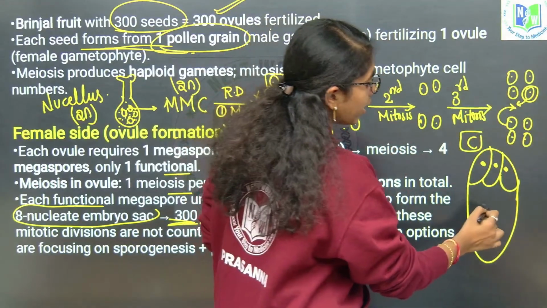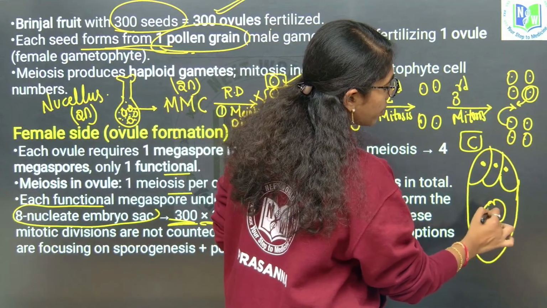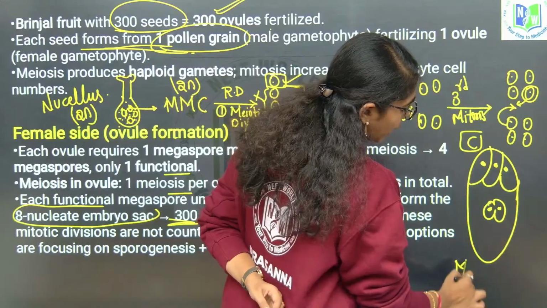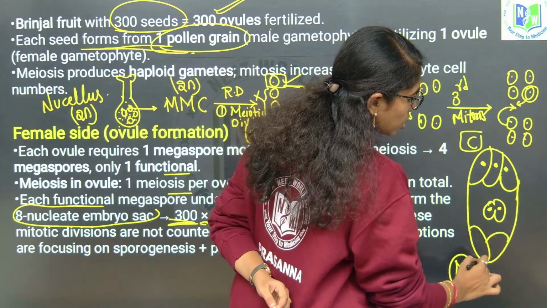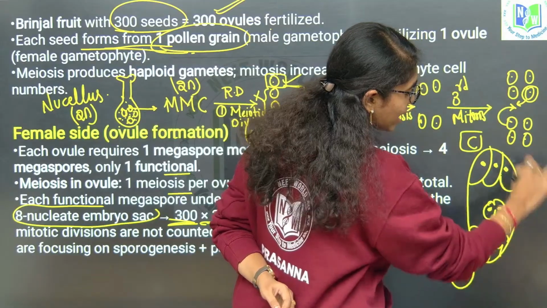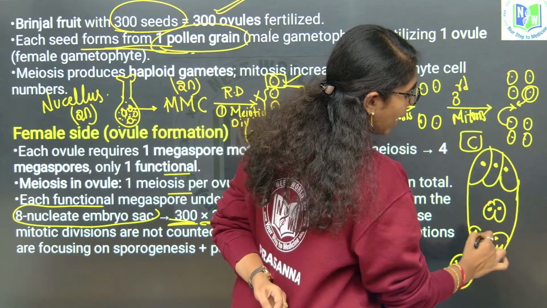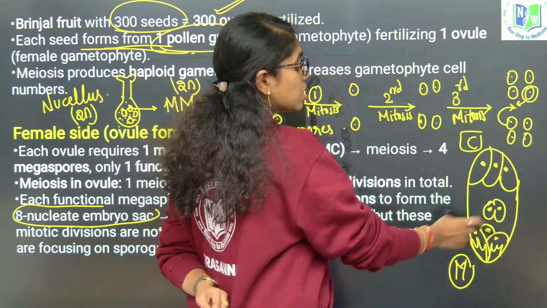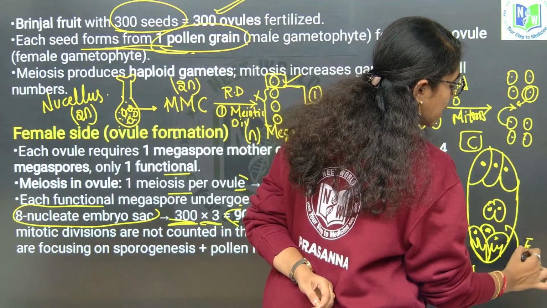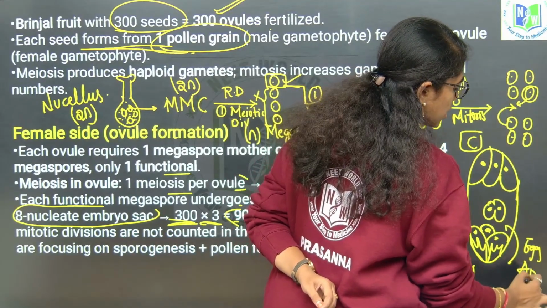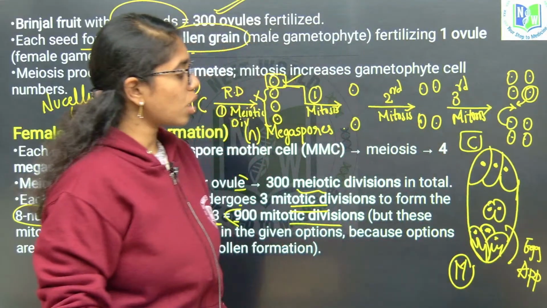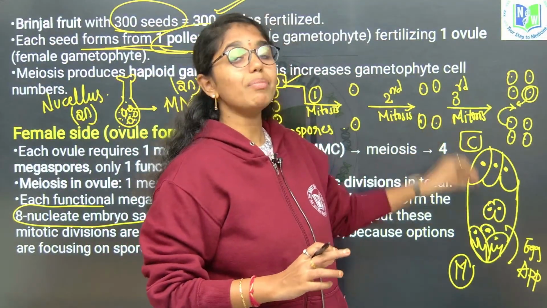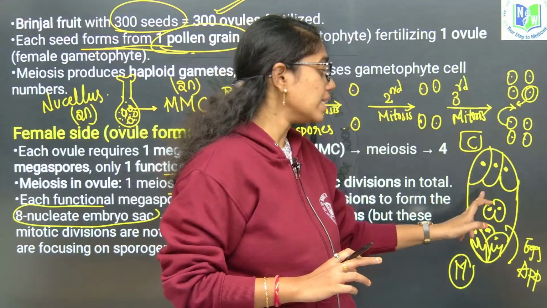At the center the polar nuclei are formed, and down at the micropylar end you can see 2 synergids with filiform apparatus, which guides the entry of the pollen tube, and the egg cell close to the synergids. Synergids along with the egg cell are called the egg apparatus. This is the complete formation of the female gametophyte of angiosperms, the embryo sac.